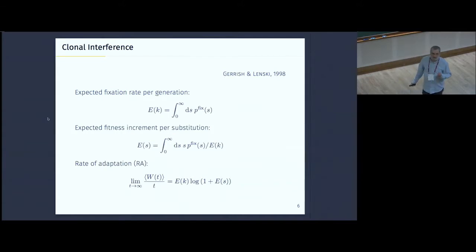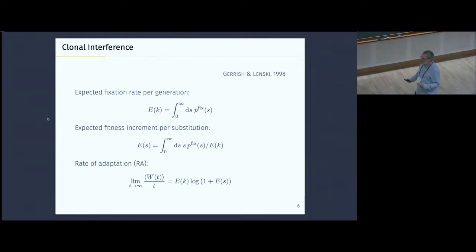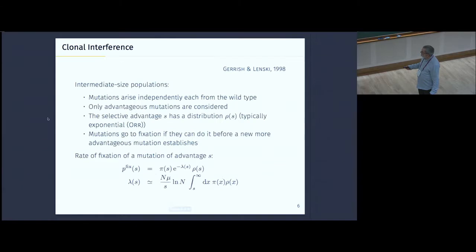Now, you can try to make this a little bit more quantitative in this way. You ask, what is the expected fixation rate per generation? Well, the number of fixation events that you have per generation will be given by the integral over all values of the fitness of the probability that a mutant arises, in fact there should be also the probability of arising here, and goes to fixation.